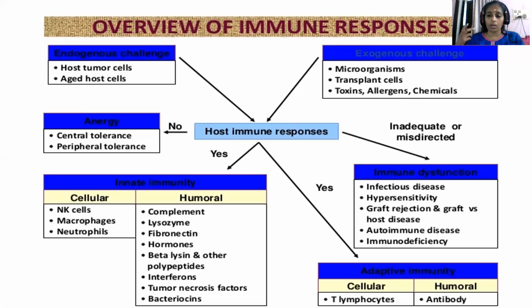Today we are looking at such an immune dysfunction reaction, called hypersensitivity. As the name indicates, hyper means something extra, extra sensitivity, so immune responses extravagantly produce some sensitivity reactions.